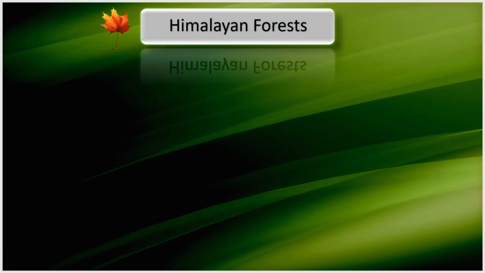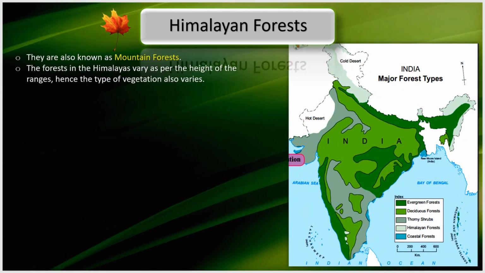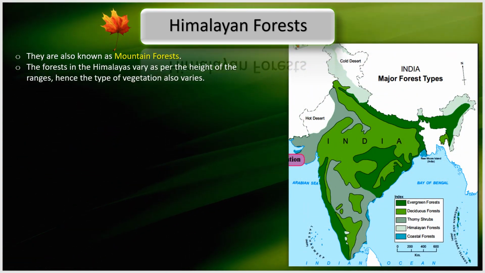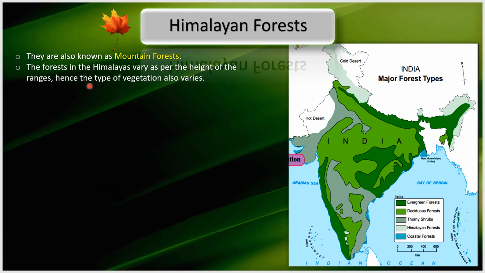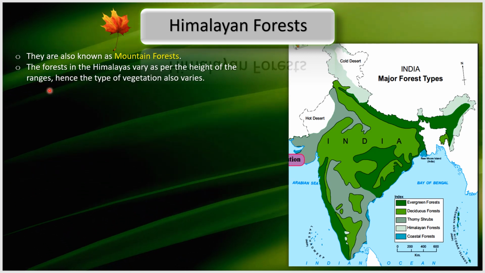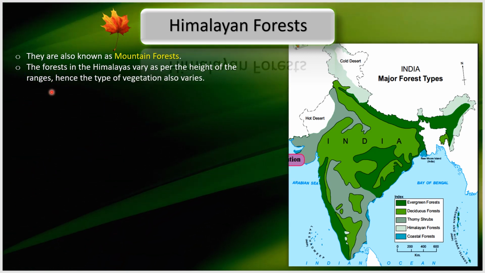Now move on to the last type of forest, found only in India and not in Brazil: the Himalayan forests. The Himalayan forests are also known as mountain forests. The forests in the Himalayas vary as per the height of the ranges. Now we know the different ranges, the Shivaliks, the Himachal and the Himadri.